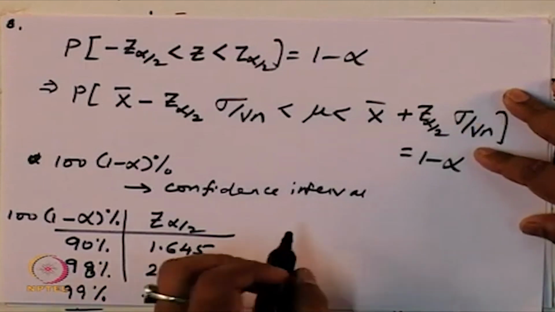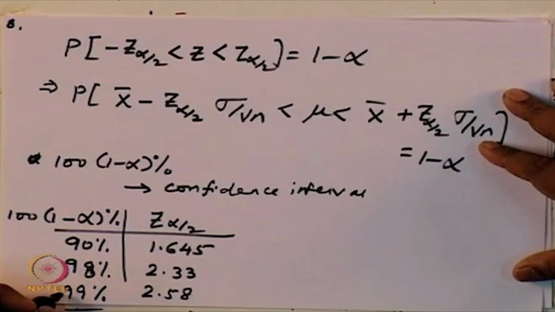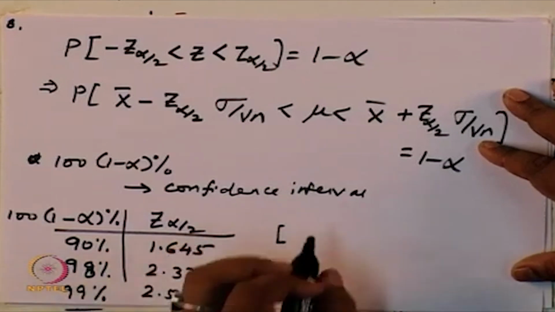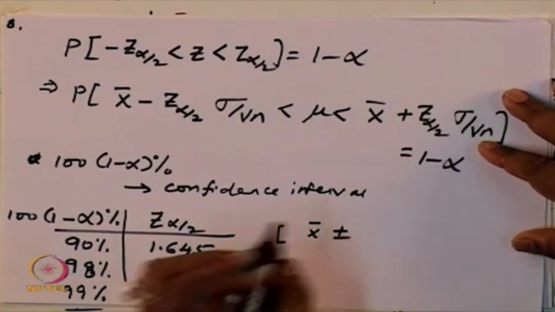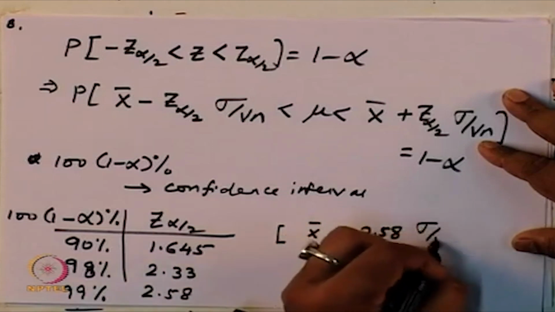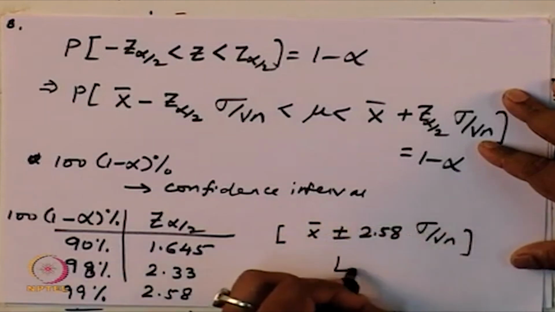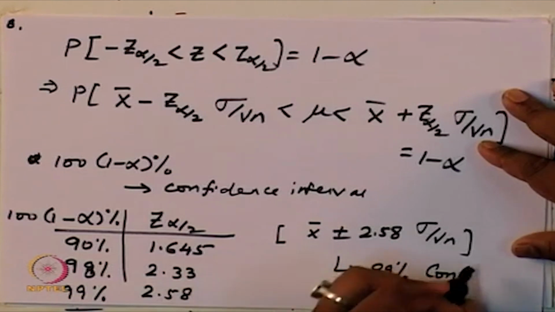Okay. So, this would mean, if you want to calculate the 99% confidence interval, then the upper and lower bound becomes x bar plus minus 2.58 sigma by root n. Okay. So, this is the 99% confidence interval for mu.